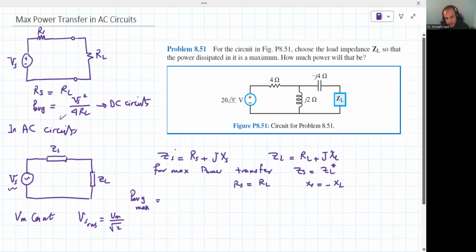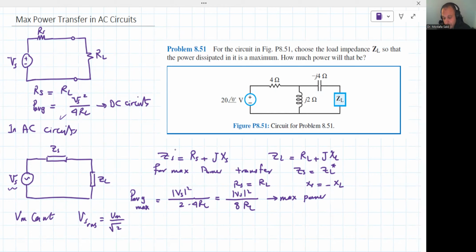We need the RMS here. So it's equal to V amplitude square over 2 for the RMS, then over 4 RL. So in general, it will be Vs magnitude square over 8 RL. That's the maximum power that you can deliver to the resistive component of a load.